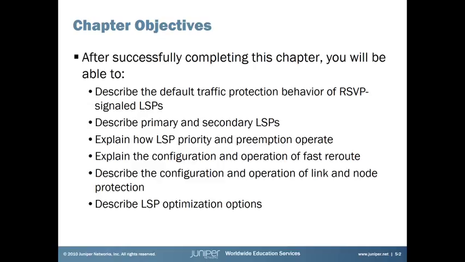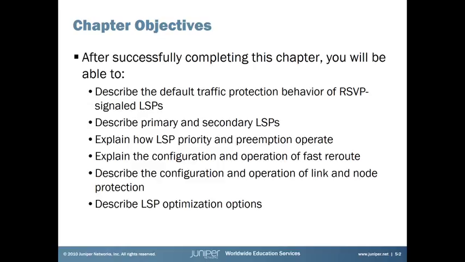In fact, we can have a primary and multiple secondary paths, as we'll discover. We'll look at how priority and preemption operate. So we've talked a little bit about priorities of label switch paths, and we'll take a look at that in some more detail.